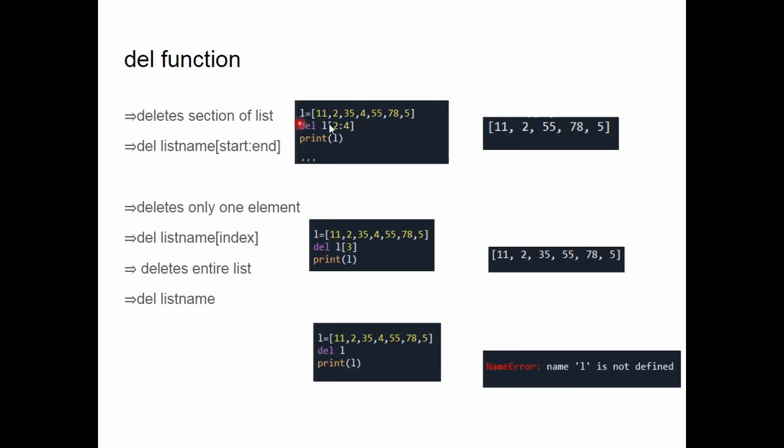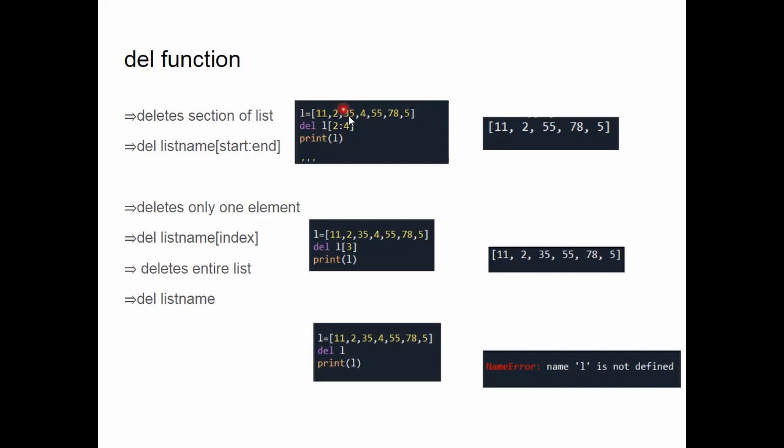Here one example is given: delete from your list starting with index number 0, 2 to 4. So 0, 1, 2, so from here till 4. So 34, 35 will be deleted, because it deletes up to the last limit minus 1.